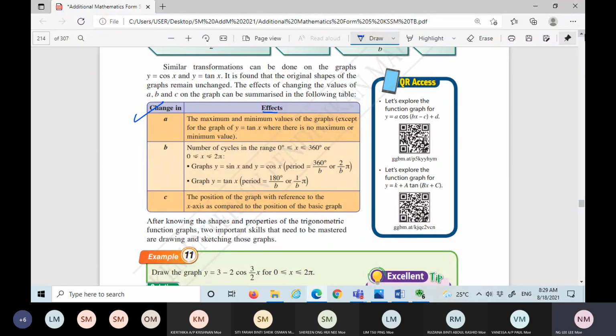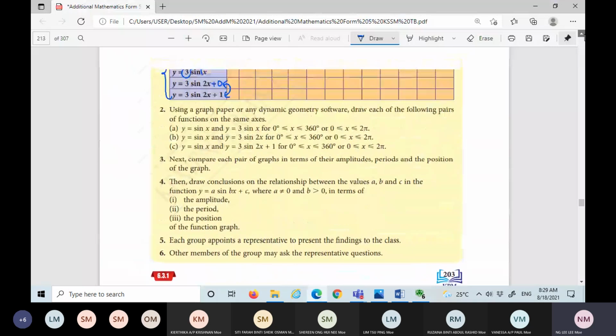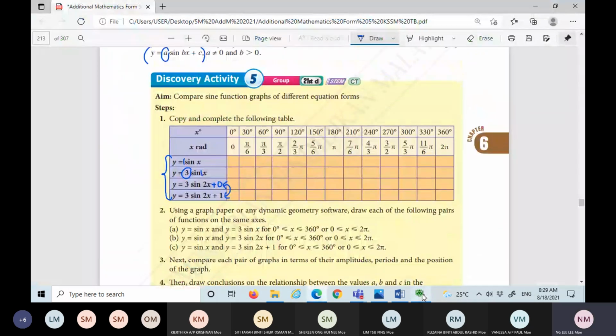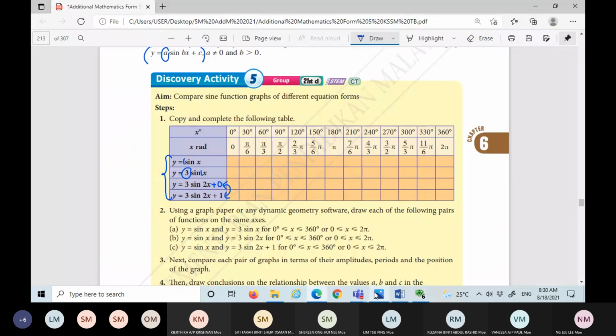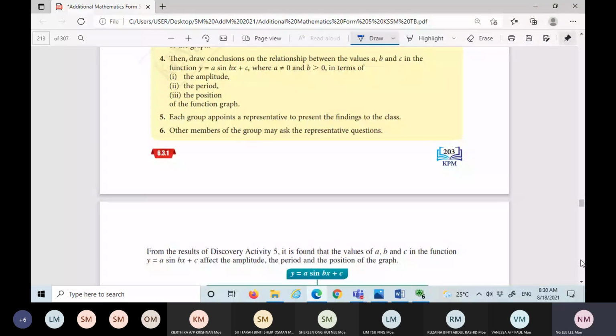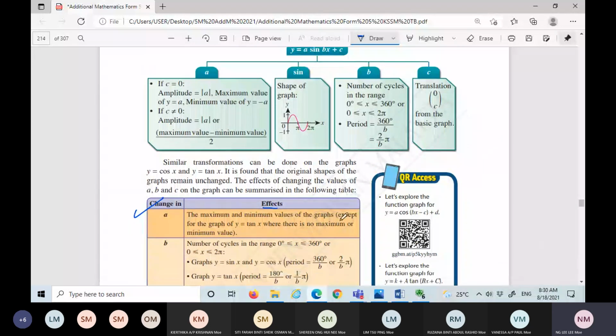If you want, you can draw this graph, 1, 2, 3, 4, in the same scale. You draw these 4. After that, you copy this table.